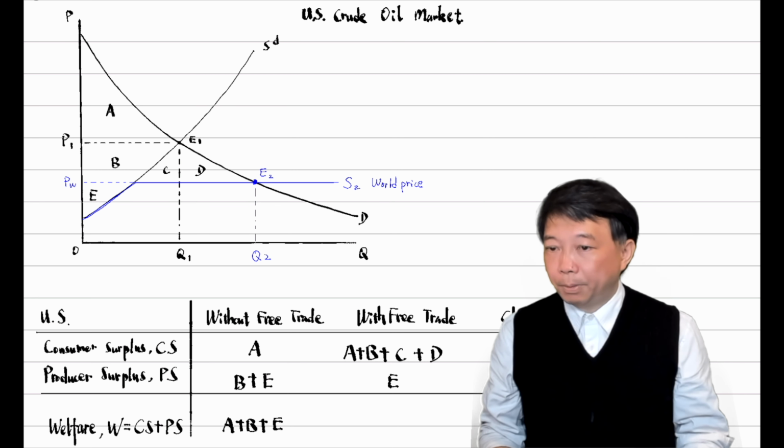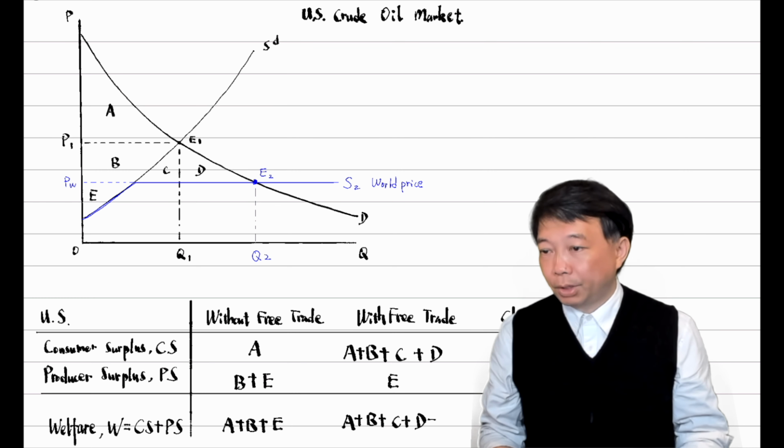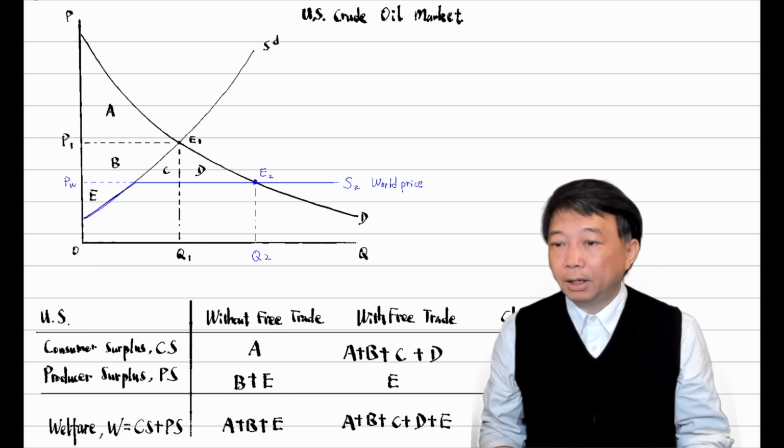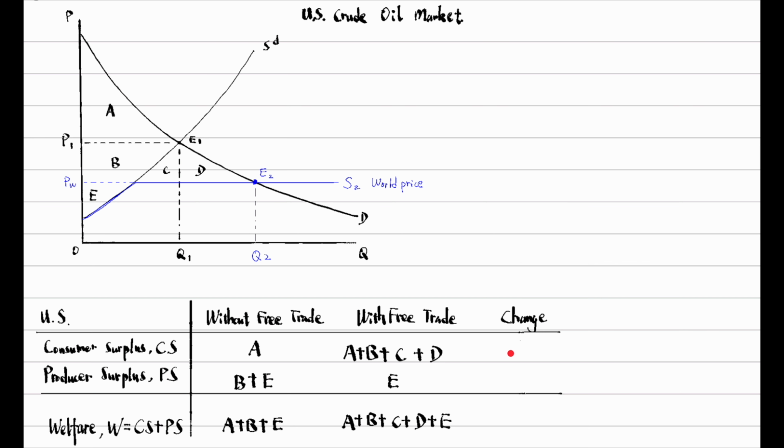Domestic producer surplus falls to E because domestic producers lose the part of sales where the price in the absence of imports is higher than the world price. Social welfare increases by the area of C plus D. It shows that free trade improves social welfare.